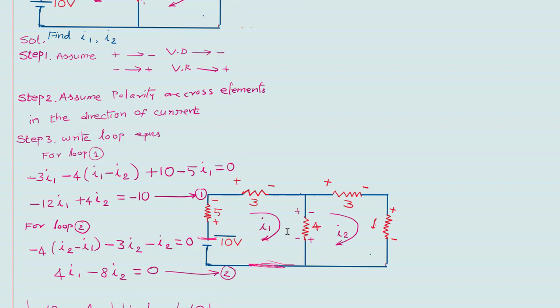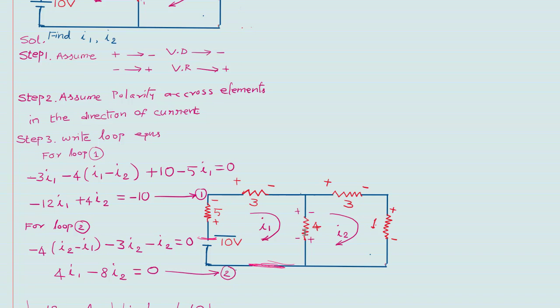I1 flows, and I2 is also flowing, but I2 flows in the opposite direction to that of I1. While writing the loop equation for loop 1, we assume that the loop 1 current is more than the remaining loop current. So we write here minus 4 into I1, and I2 is flowing in the opposite direction, so we write here minus I2, like this.